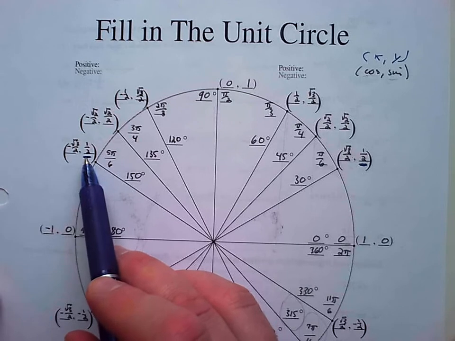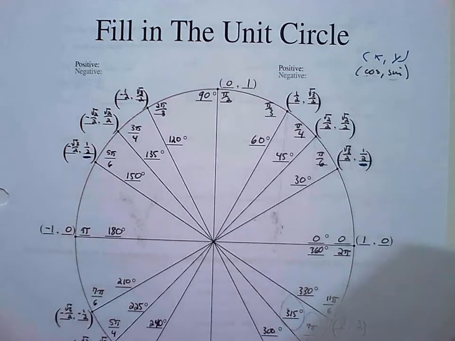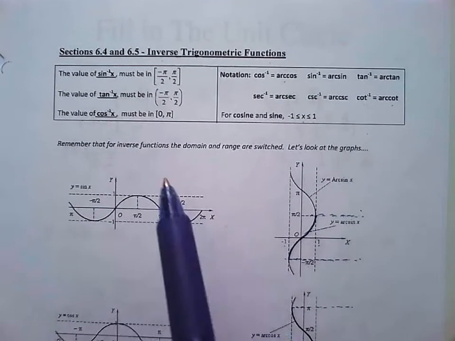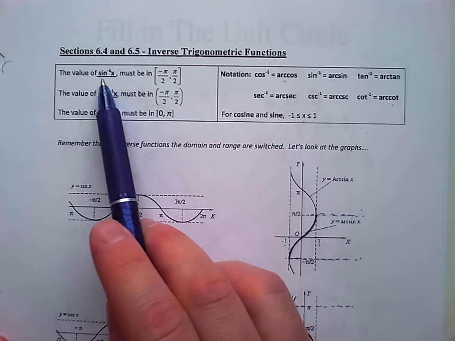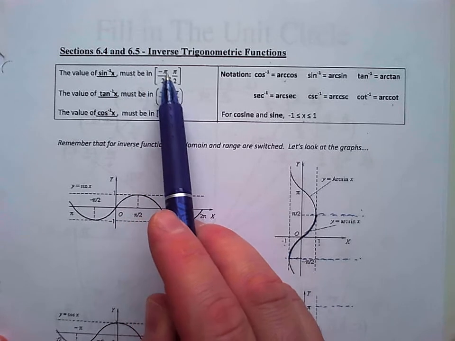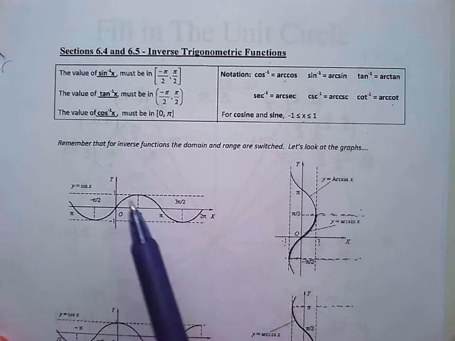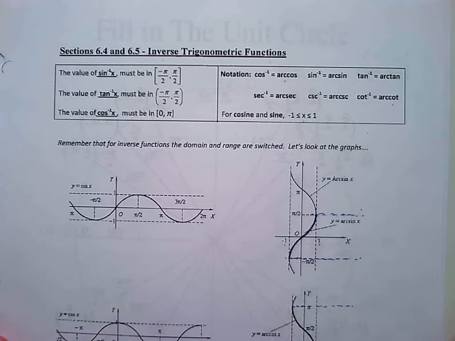Well, let's think about this for a second, because if we go back to this previous page, remember that the arc sine of x must be between negative pi divided by 2 and pi divided by 2. That's the whole concept that we went over on this page.